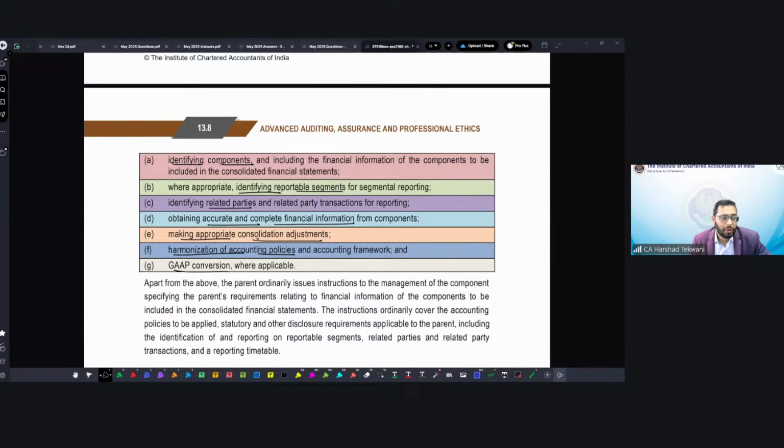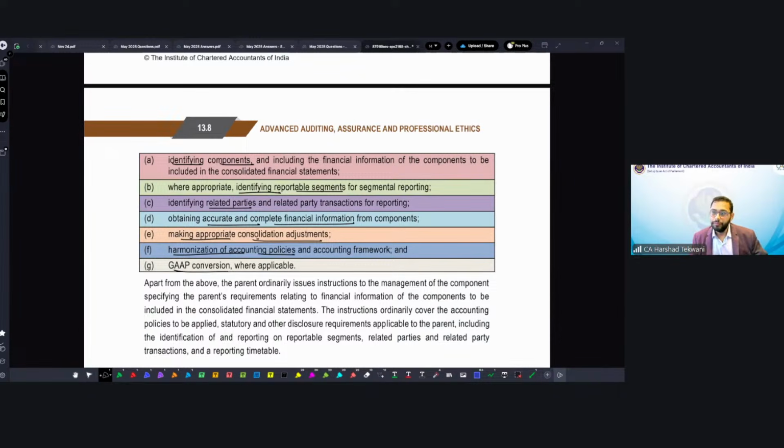It is not necessary that each and every company is required to prepare. Some companies, based on criteria, are not required to prepare consolidated financial statements, and we have to see those exemptions and criteria also.